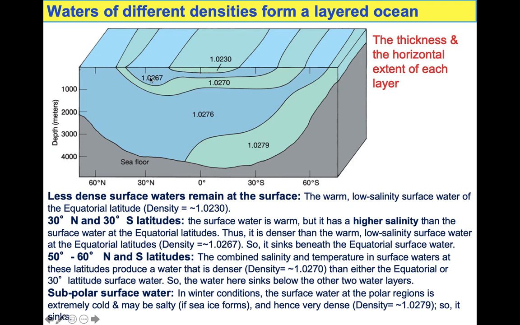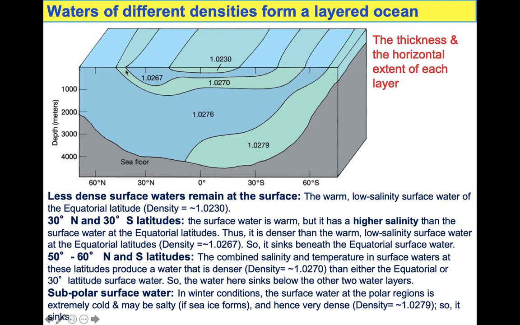As we go further north and south, towards the 50 and 60 degree north and south latitudes, right here, so we're looking at the second green zone here, both cooler temperatures and relatively higher salinities at these latitudes basically create even denser seawater.